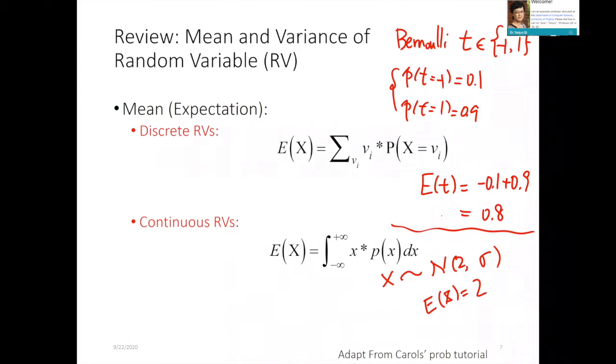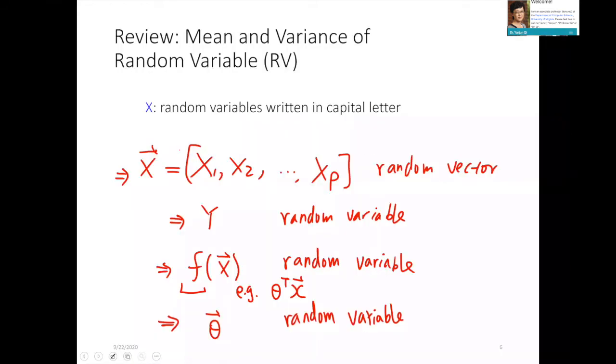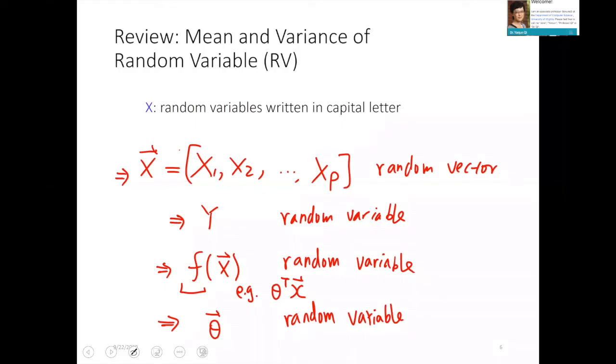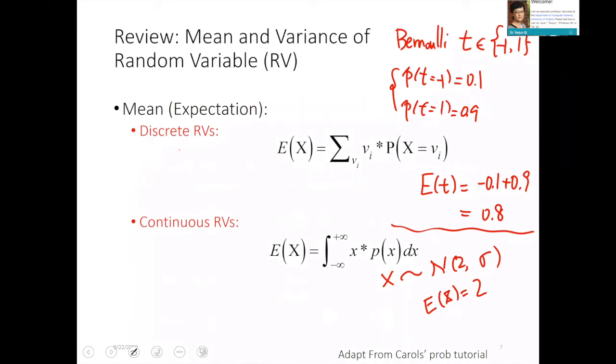So this equals the summation of its value, -1 times the probability 0.1.